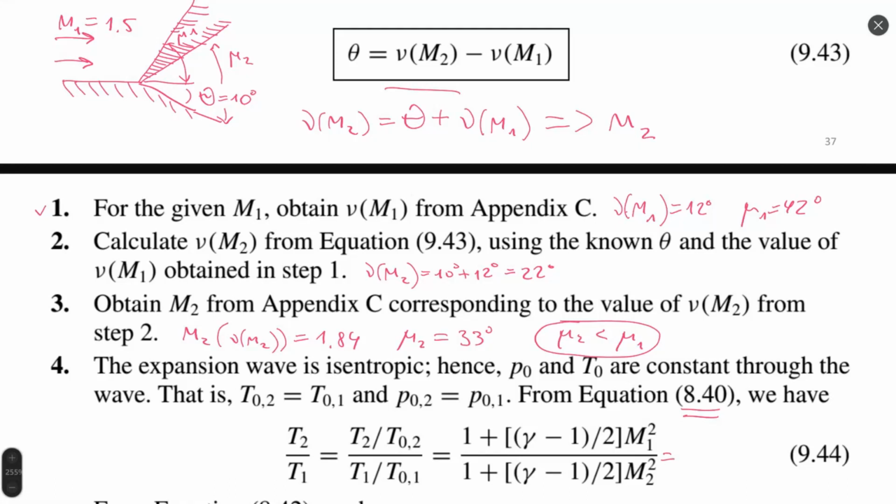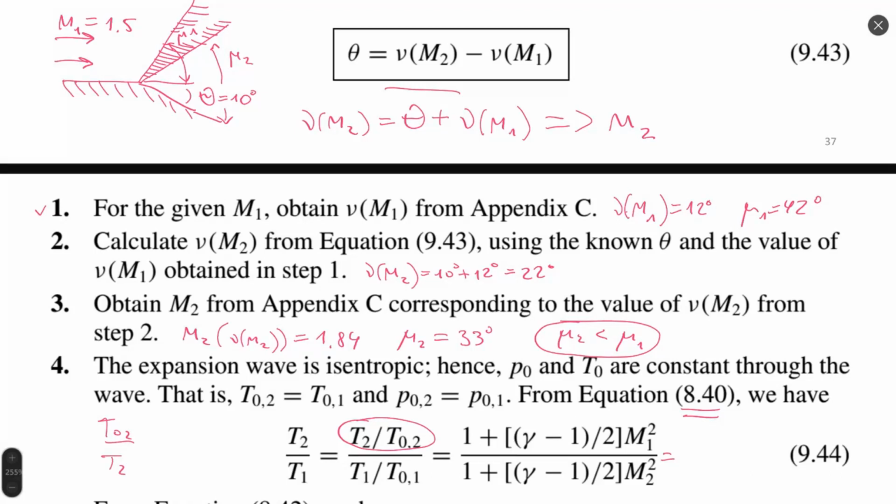One comment I wanted to make with respect to this formula is that inside the appendix we do not have T2 divided by T02. We have T02 divided by T2.